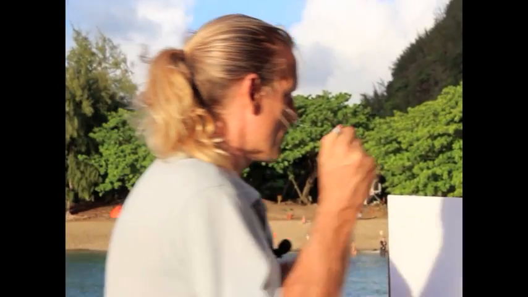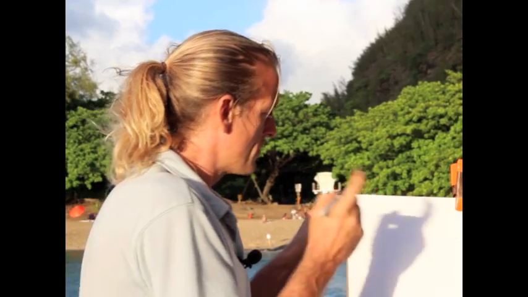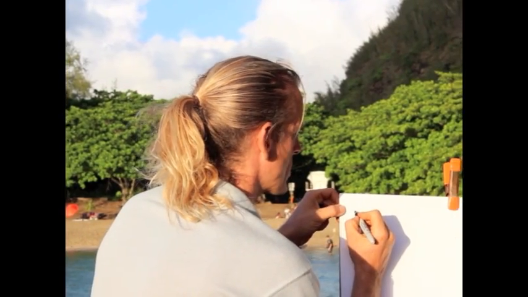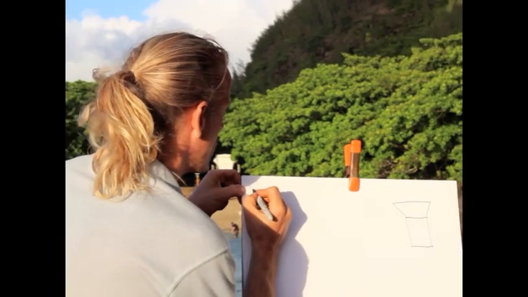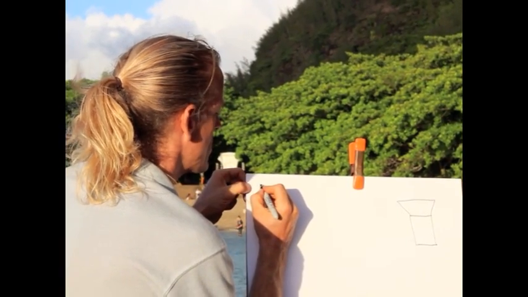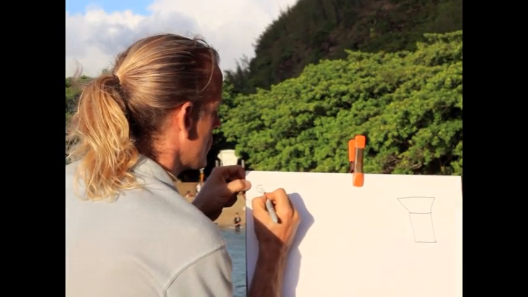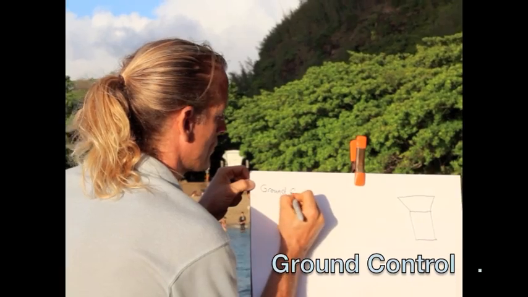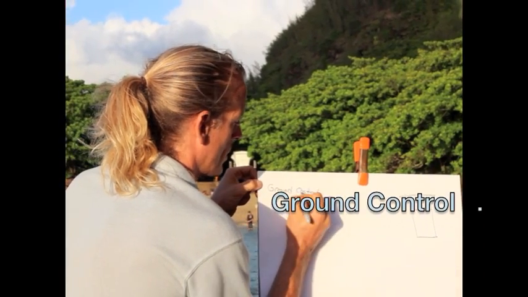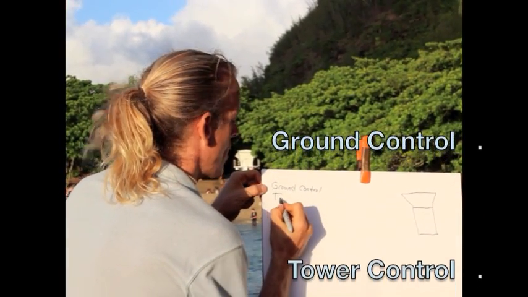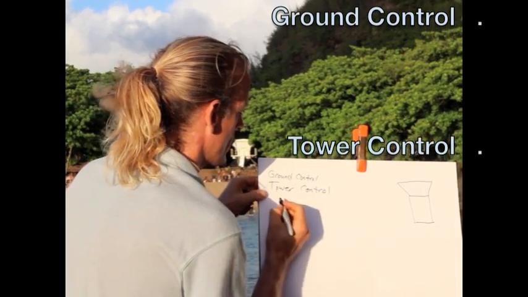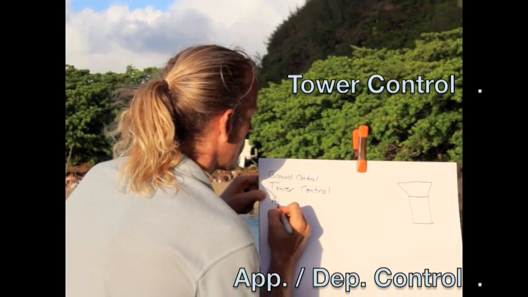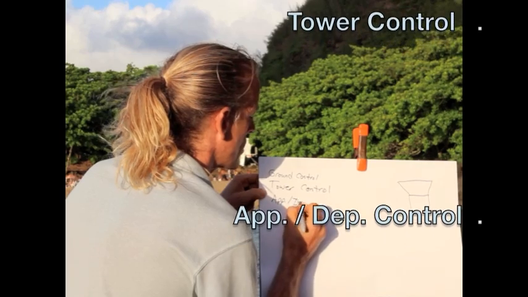And in the tower, typically we have sometimes more, but there's usually at least 3 different controllers inside of here. Okay, and what you have is you have ground control, and then you have tower control, and then you have approach and departure control.